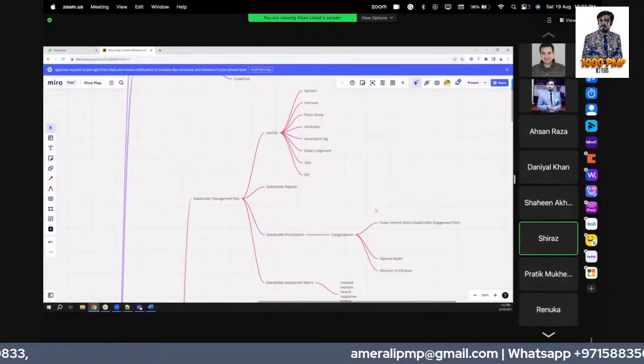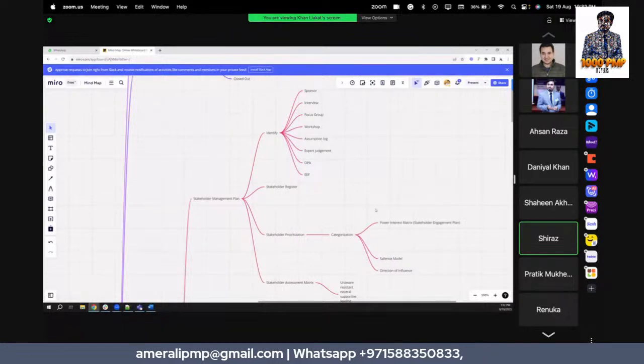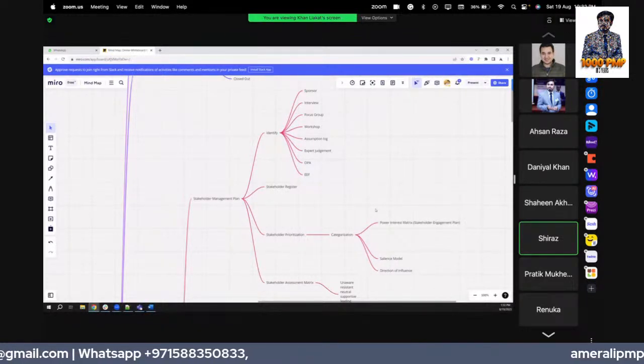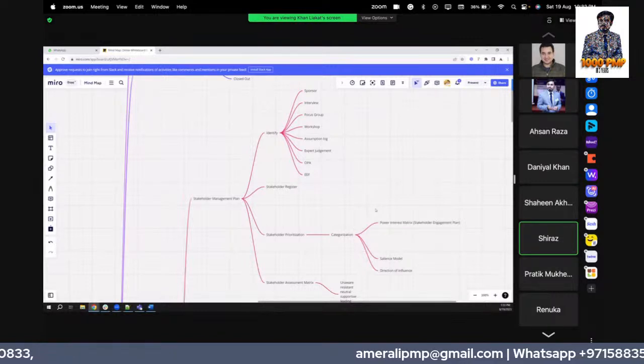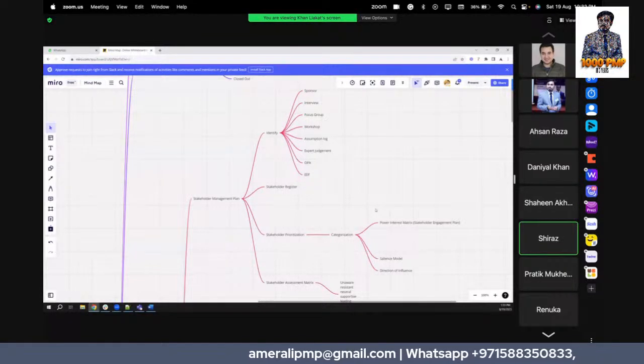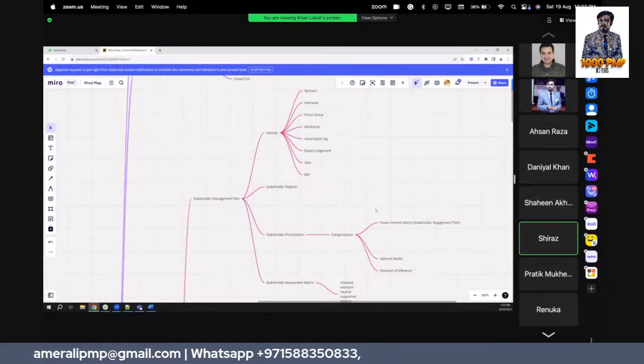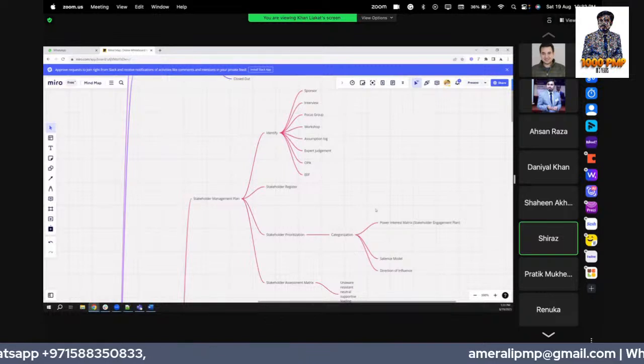Okay, so in the stakeholder management plan, we start with the identification and the tools or the documents. We can see the sponsor, we interview the people, that is expert opinion. Then we have focus groups, and if the number of people we want are more, then we have facilitated workshop, assumption logs, and expert judgment, OPAs and EEFs.